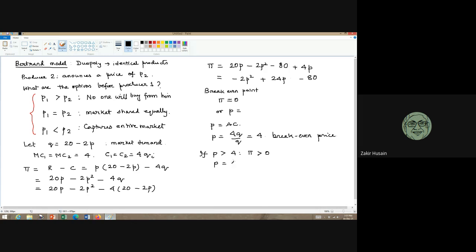If price is equal to 4, profit is 0. And if price is less than 4, you have negative profit. In that case, will the firms produce anything? No, sir. So we can rule this out. This is the zone of production which is not feasible.